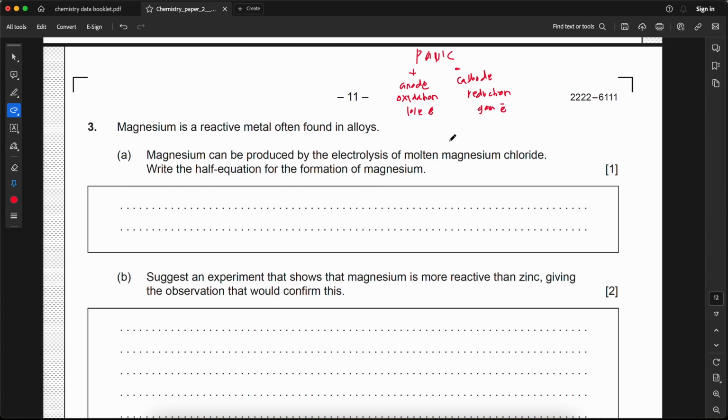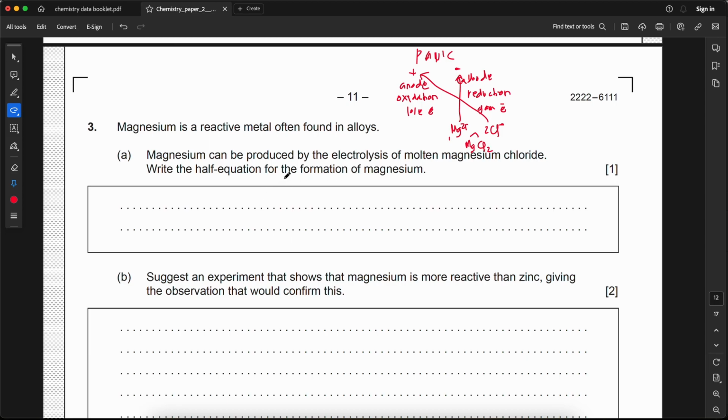And we have magnesium chloride. Okay, magnesium chloride is MgCl2. If we dissociate them, becomes Mg2+ and 2Cl minus. So Mg2+ as a cation will move towards negative electrode, and 2Cl minus will move towards positive electrode.